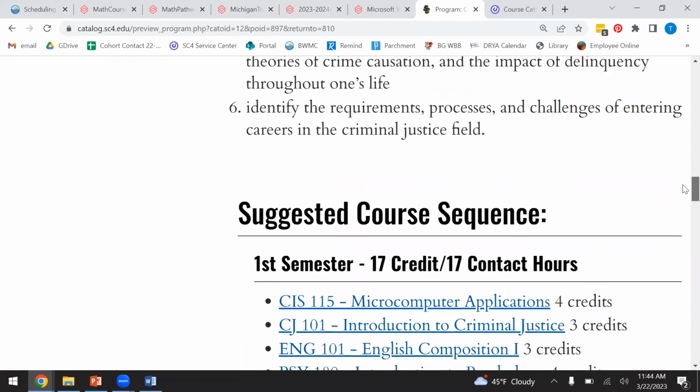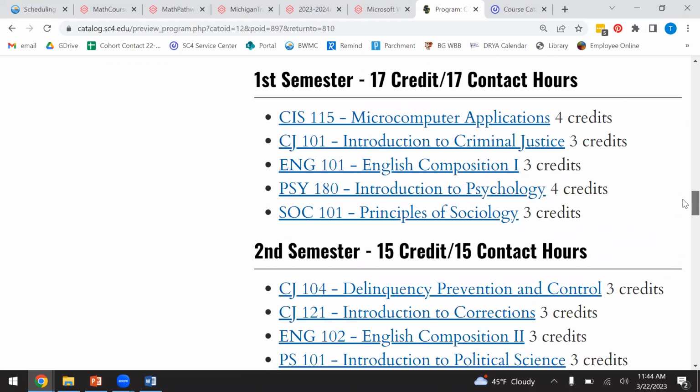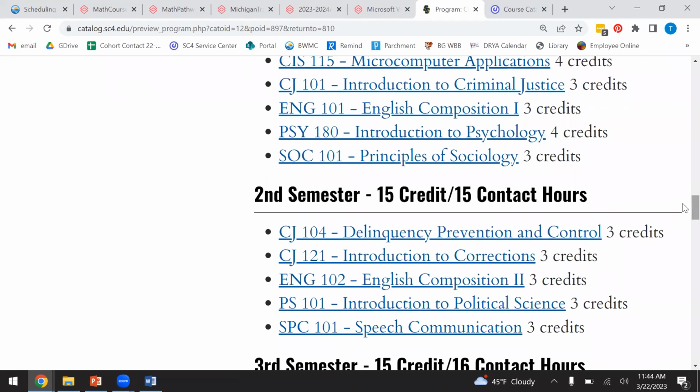That would be the case for most of the applied degrees: a more specific list of classes, but it's meant to give you a lot more direct, hands-on, introductory, entry-level information so that you can get started in that career field. The applied degrees are meant so that you do your 2-year degree and you start working. Sometimes it can be fairly entry-level work that you're getting into, but it's a quicker route to the workforce.